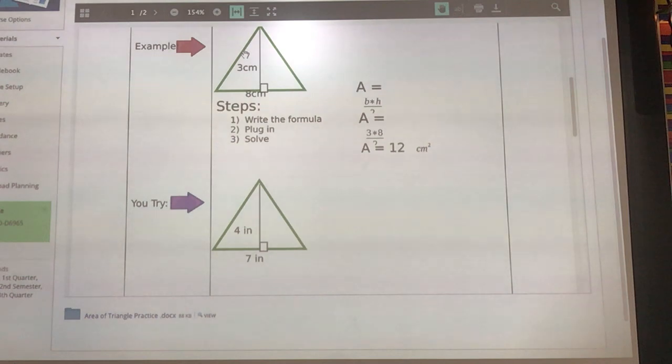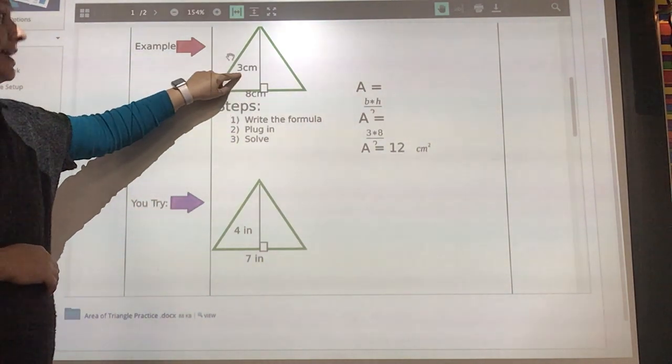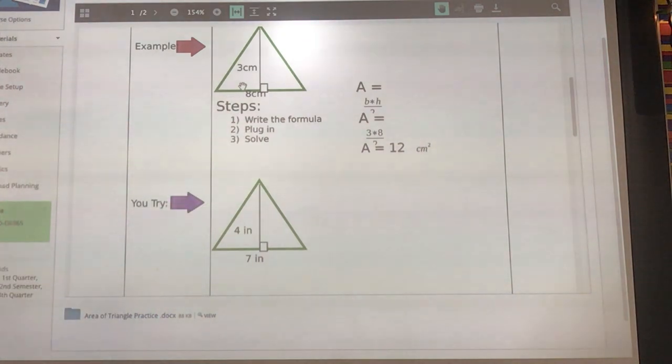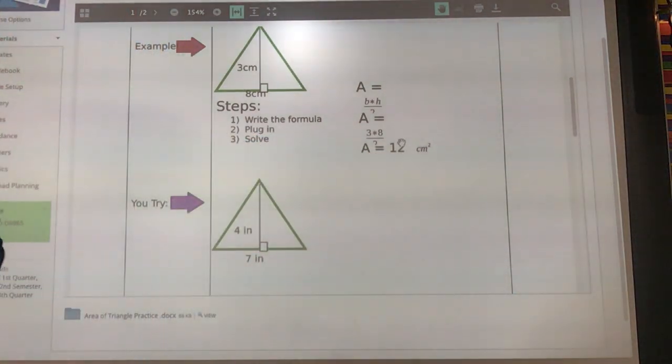Area. Well, it's not, the 3 is not my area. I have to find my area. Not area. Height. And my 8 is representing what? Your base. Base. So I do what? 8 times? 3. What is 8 times 3? 24. 24. And then I need to divide that by? 2. 24 divided by 2 is? 12. And then I have my label, centimeters squared.